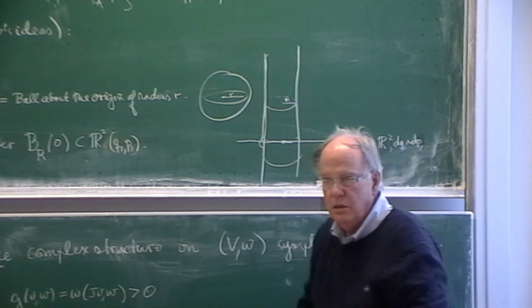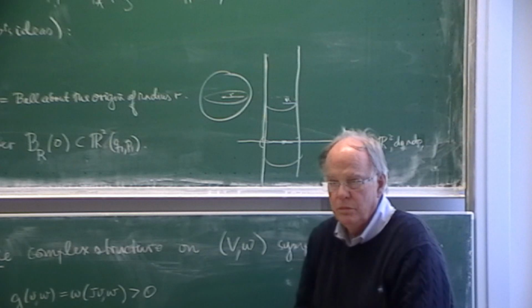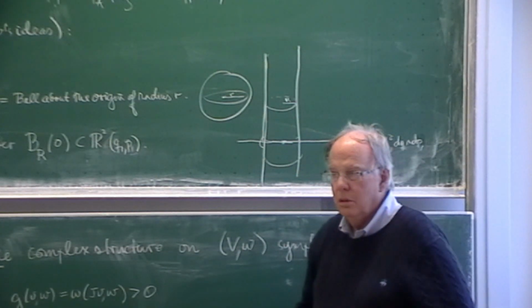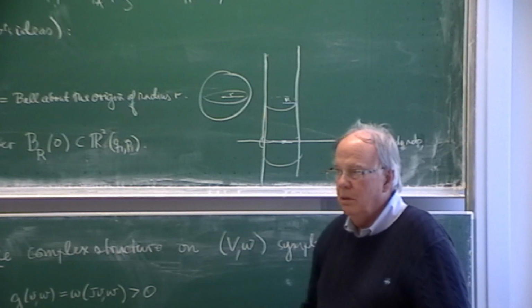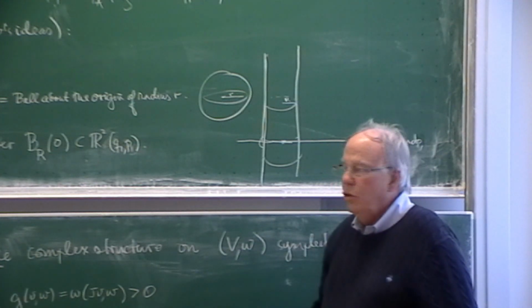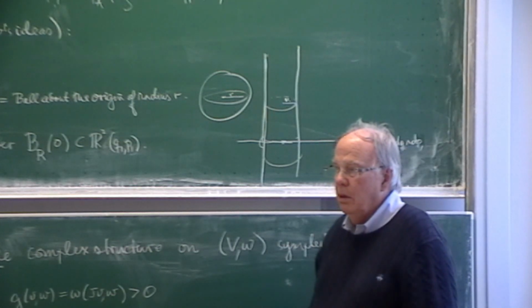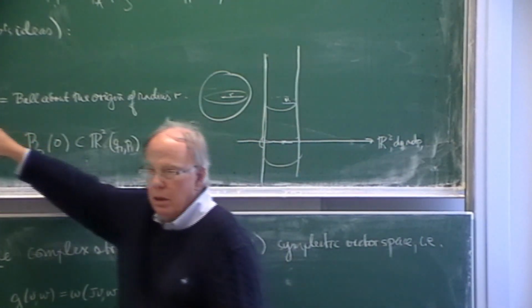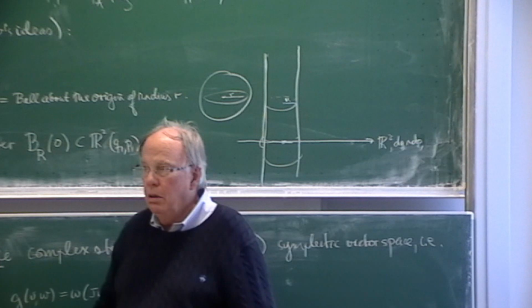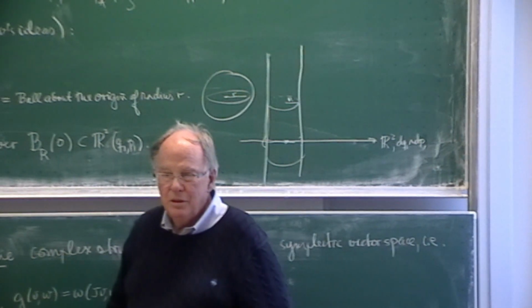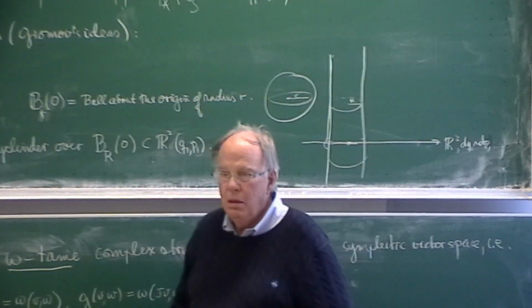You understand what I said? Take the cylinder. It has big R and little r, arbitrary.